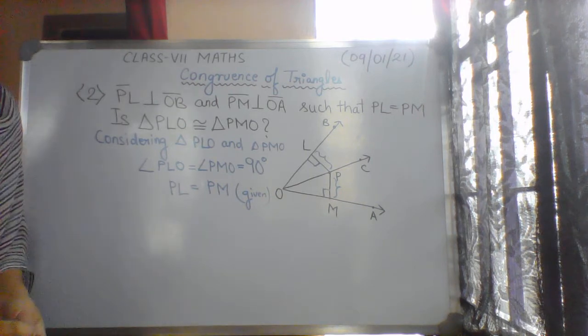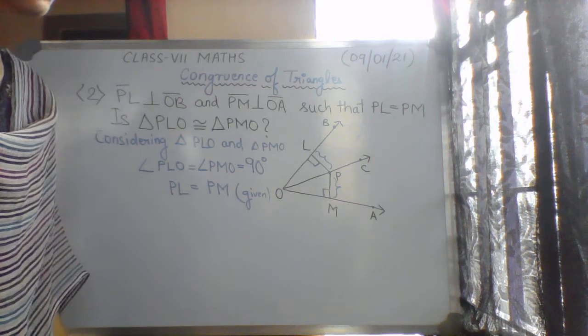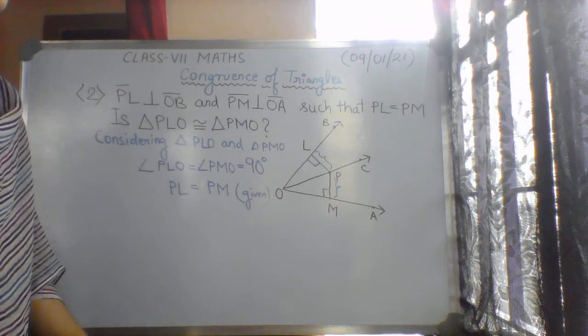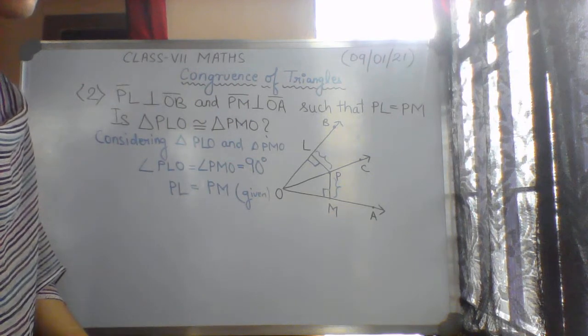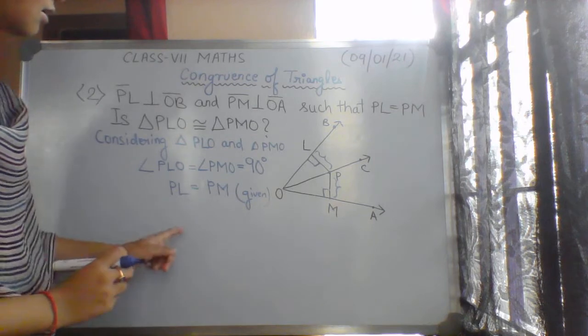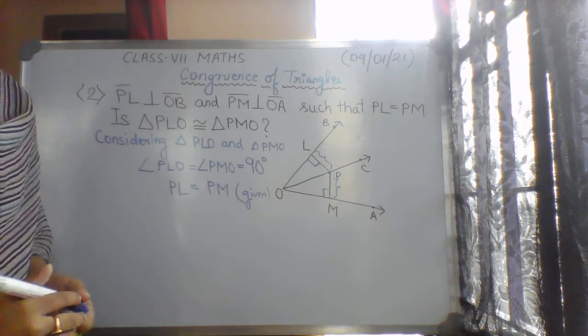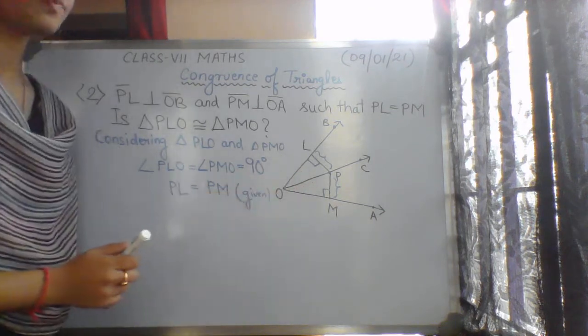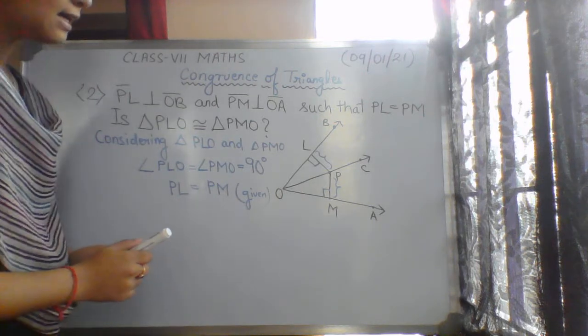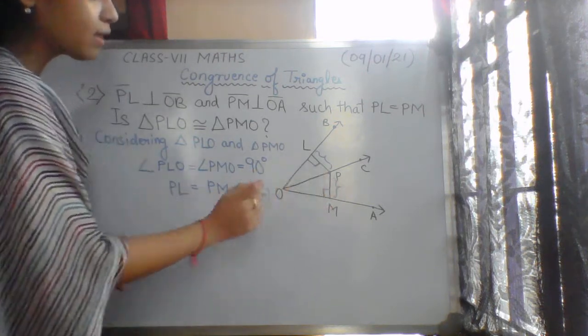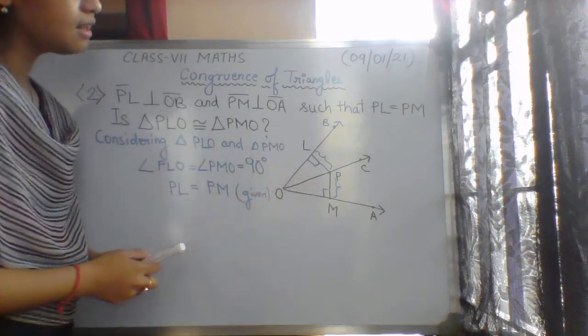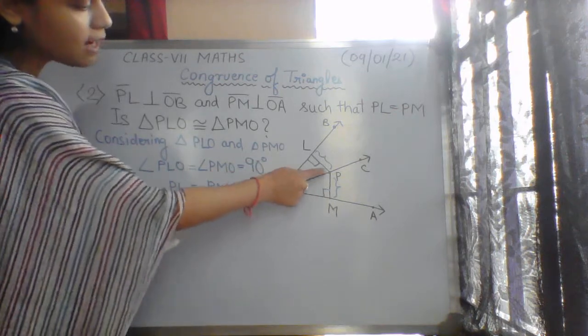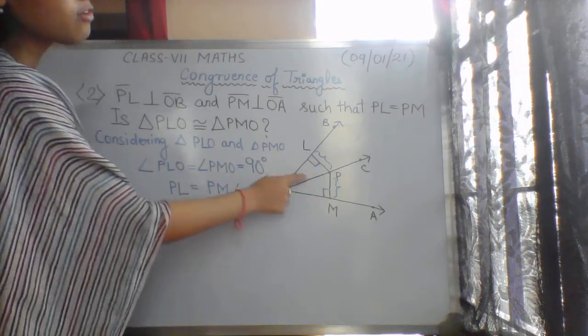What is the next thing? You have to identify that. See the figure and find which other thing is equal in these two triangles. Yes, it is OP. If you consider these two triangles, this triangle has one side OP, and this triangle also has one side OP.